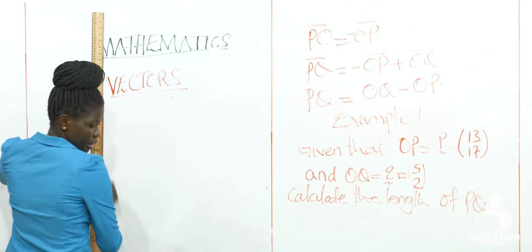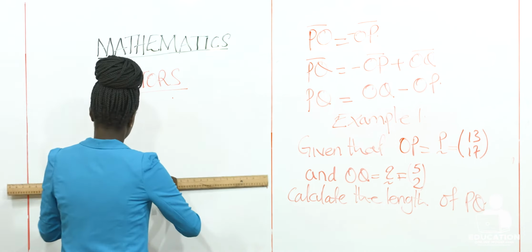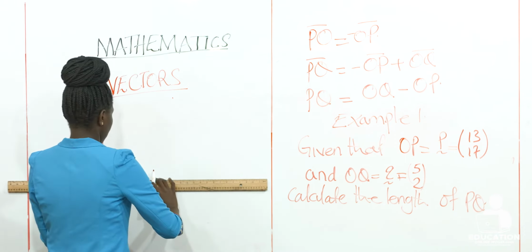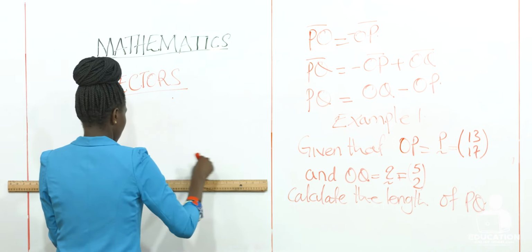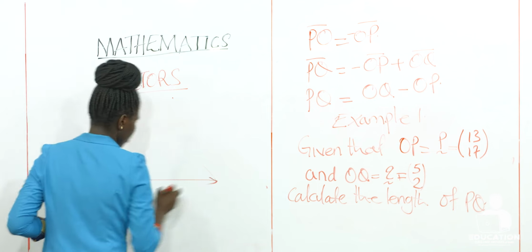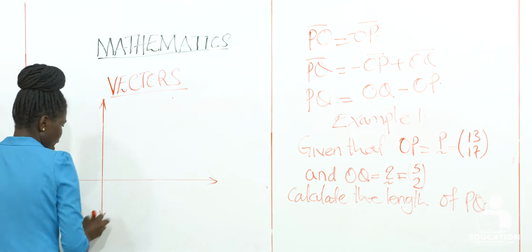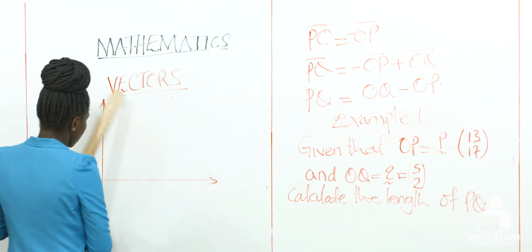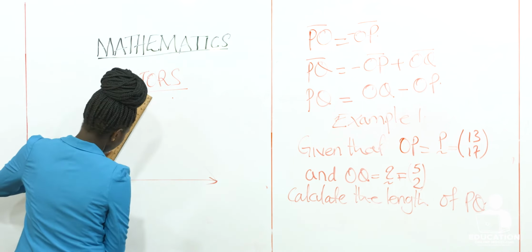We're going to have this. Remember, vector is all about direction and magnitude, so we should not forget the arrows. And after that, we shall have this.